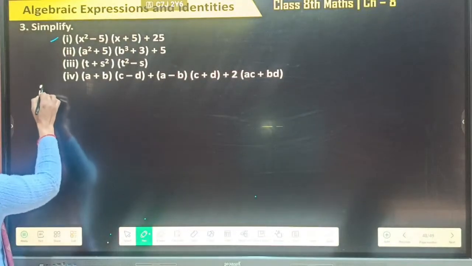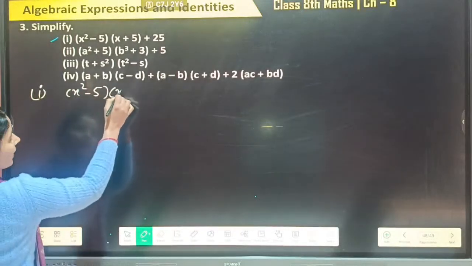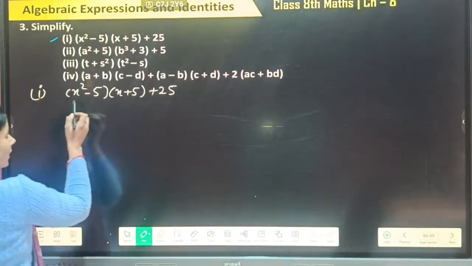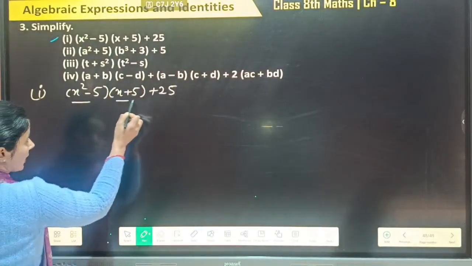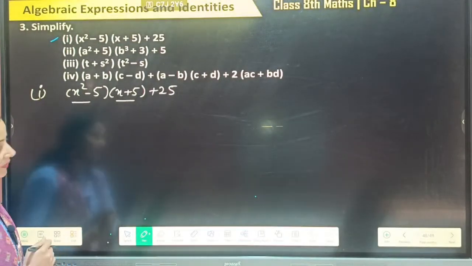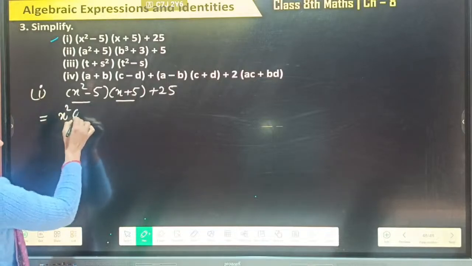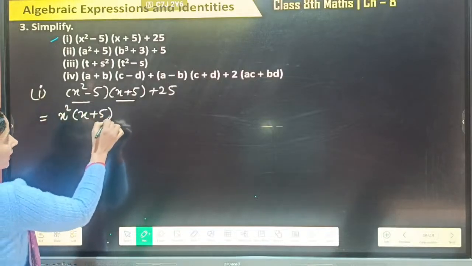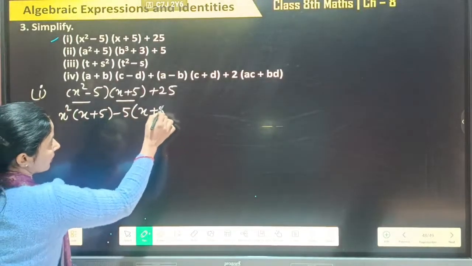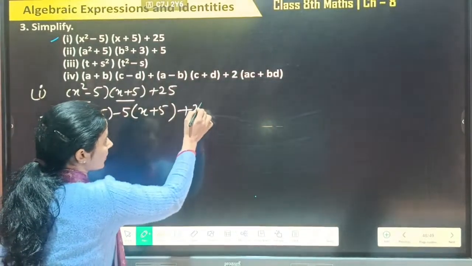See first part, (x² − 5)(x + 5) + 25. Simply, this is one binomial and this is another binomial. We have to multiply these two binomials. Let us multiply. This x², I will multiply with x + 5, and then this −5 will be multiplied with this x + 5, and this 25 as it is.